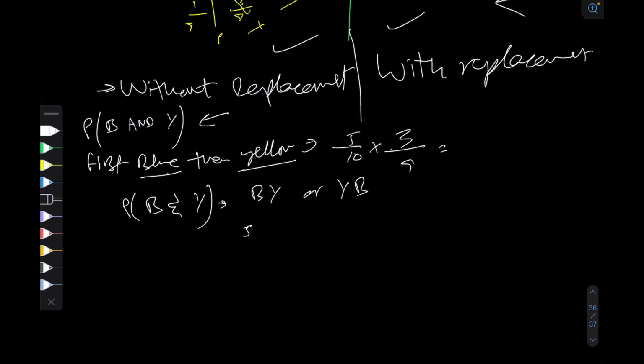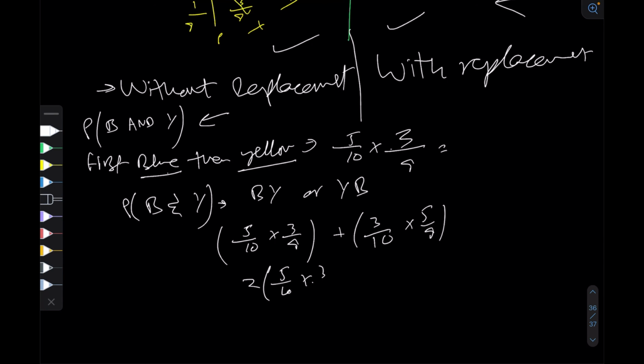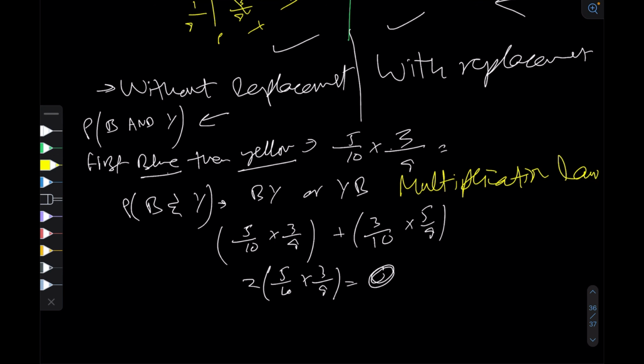In other words, 5/10 multiplied by 3/9 plus 3/10 multiplied by 5/9, which is basically the same as 2 times 5/10 into 3/9, and you could get the answers whatever, right. So this was the multiplication law, and that's it for today.